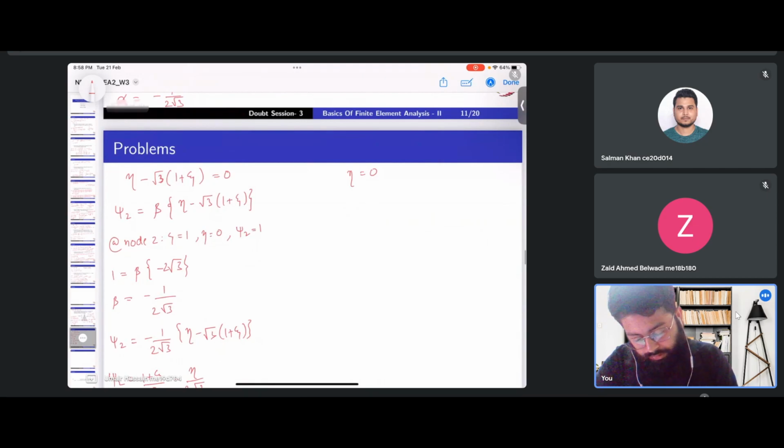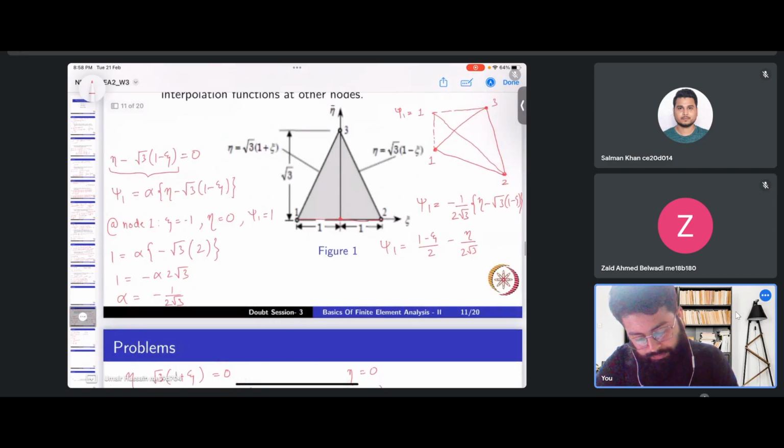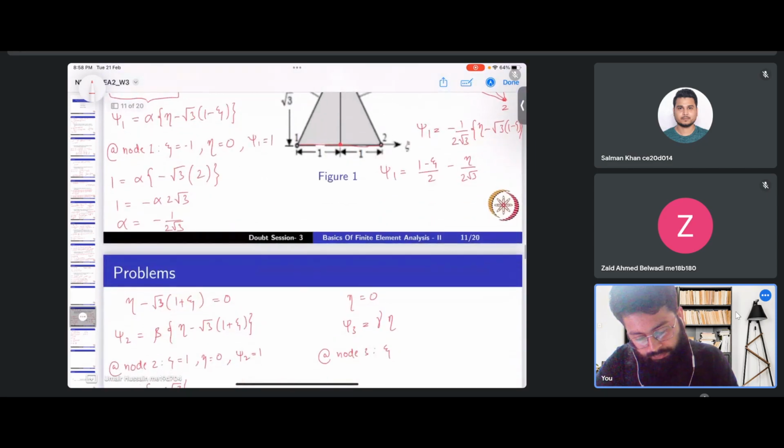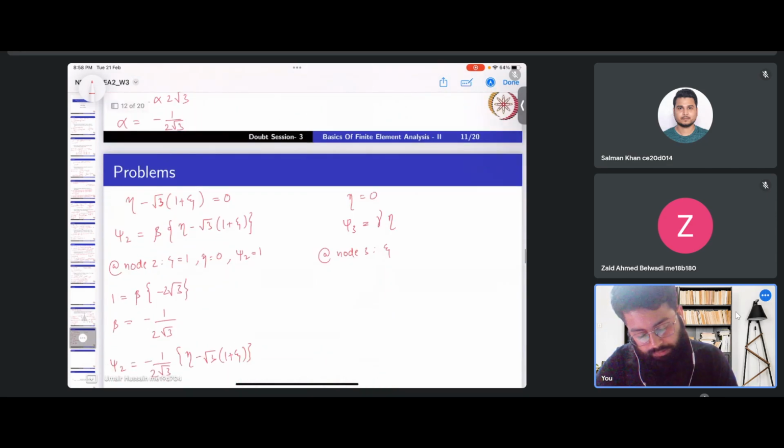Again, we can write the shape function for node 3 as some constant gamma times eta. So at node 3, zeta equals 0, eta is root 3, and psi 3 is 1.